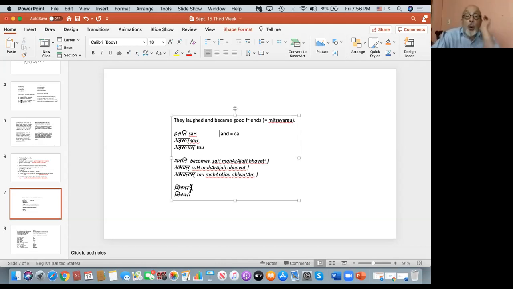In Sanskrit, the word Vara also means bridegroom, because in a wedding, he's the best man. And so the bridegroom is Vara. Here, nothing to do with the bridegroom. Mitra Bara, best friend. Mitra Barao, two best friends.